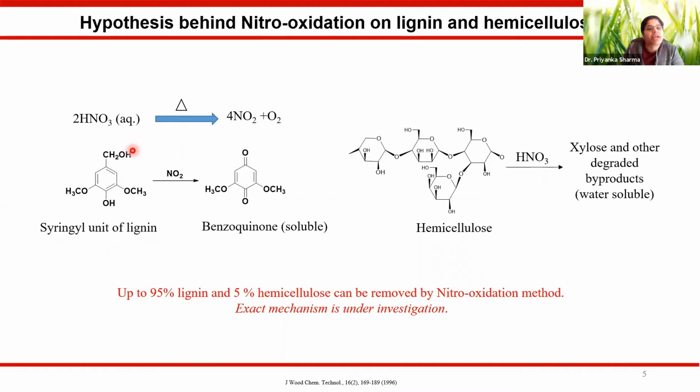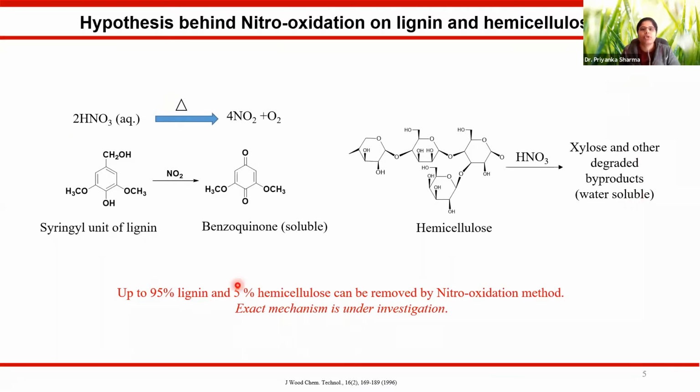The chemistry of nitric acid and sodium nitrite says that it can generate nitrogen dioxide as well as nitroxonium ion, which can react with the primary hydroxyl groups present in the lignin unit as well as the hemicellulose unit. Once they react with these species, nitrogen dioxide or nitroxonium ion, they can convert into soluble byproducts, like benzoquinone, xylose, and other products.